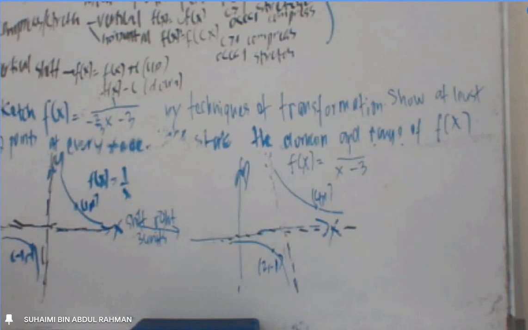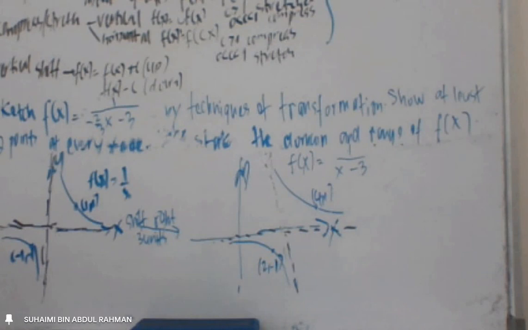So compression about vertical or horizontal? Horizontal. Is that compress or stretch? Stretch. Why stretch? Why not compress? Negative 2/3, less than 1?